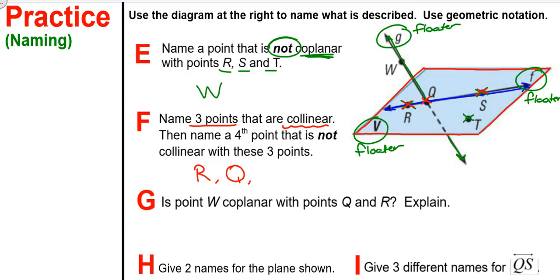R and Q and S. And then one that is not on that blue line. And that could either be point T or point W, because neither one of those fall on the blue line.